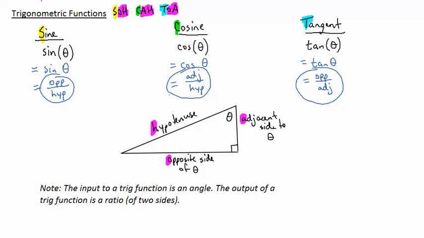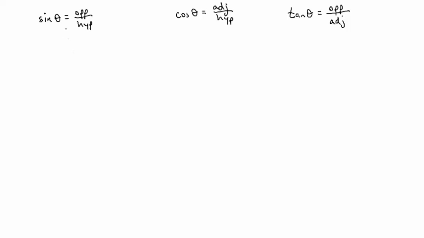SOH CAH TOA. Okay, so I said before at the very beginning of the video that there are 6 trig functions, and we only have 3 here. So let's go down and see the other 3. I've listed the 3 trig functions that we've seen already, and I'm going to list the next 3.